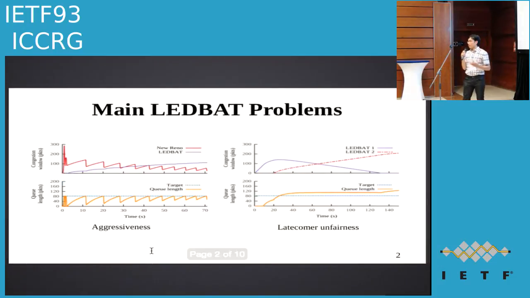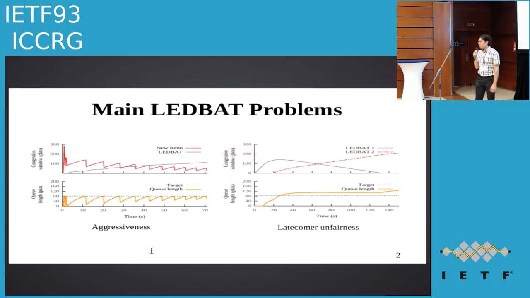I will start my presentation with a brief review of the two main LEDBAT problems. To keep my presentation concise, I do not describe the LEDBAT mechanism here. For further details, please refer to the LEDBAT RFC. The left figures represent an example of a scenario in which LEDBAT shows its aggressiveness towards a TCP flow.